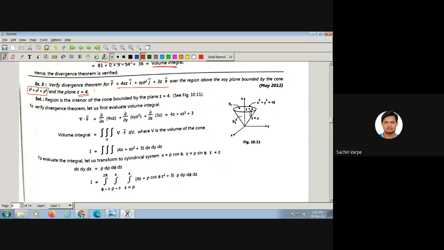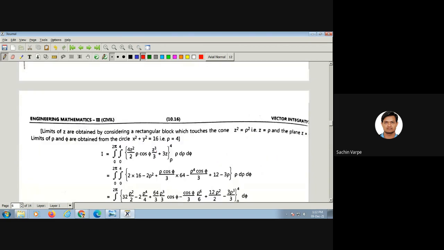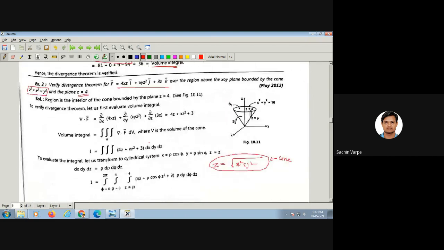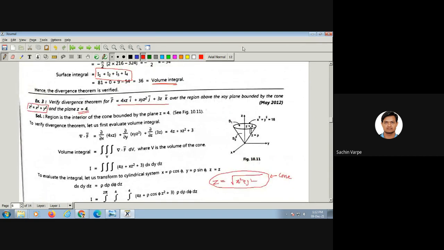So always remember, if z is given in terms of square root of x square plus y square, then that will always represent a cone. ठीक है? And if that z is not the square root of x square plus y square, then that will be, we can say, a paraboloid.